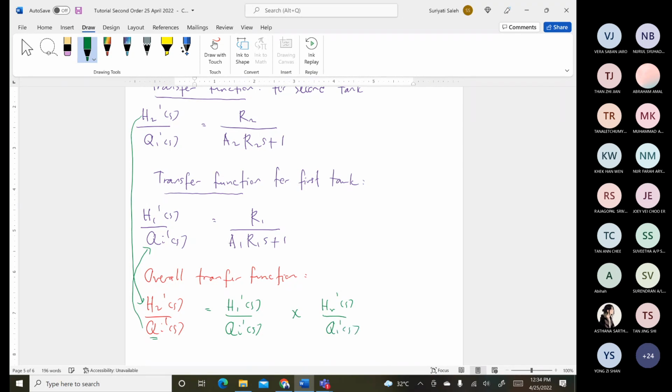If we try to combine the two mathematical models or two transfer functions, then we may get the overall transfer function.